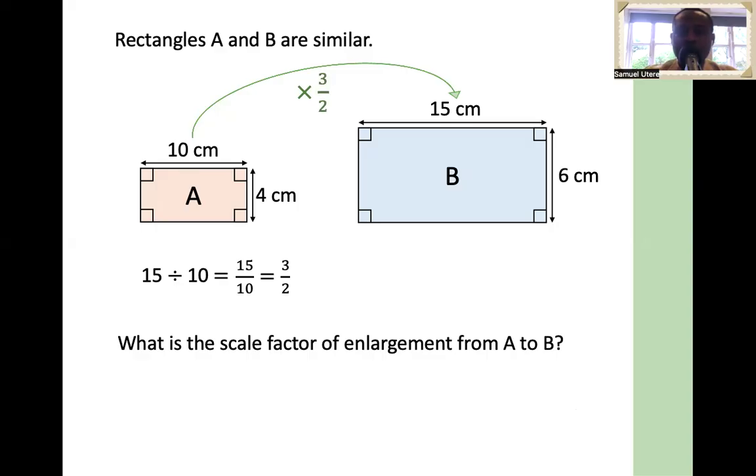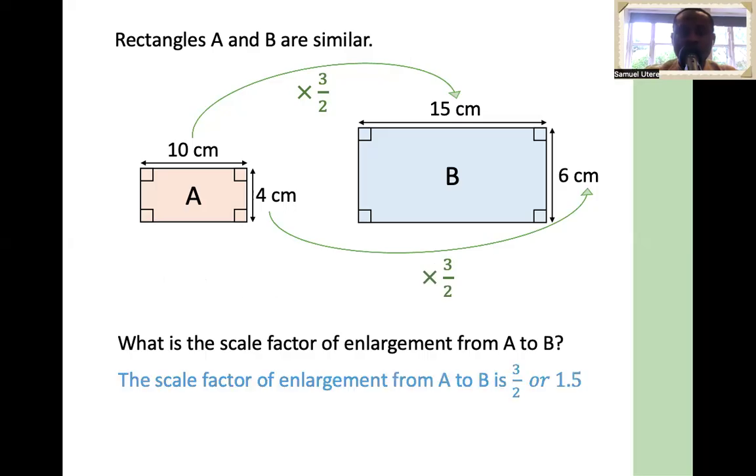So we can say the scale factor is 1.5, or we can confidently use the fraction 3 over 2. So the scale factor of enlargement from A to B is 3 over 2, or 1.5. And of course, notice that the scale factor is the same for all corresponding sides between the shapes that are similar.